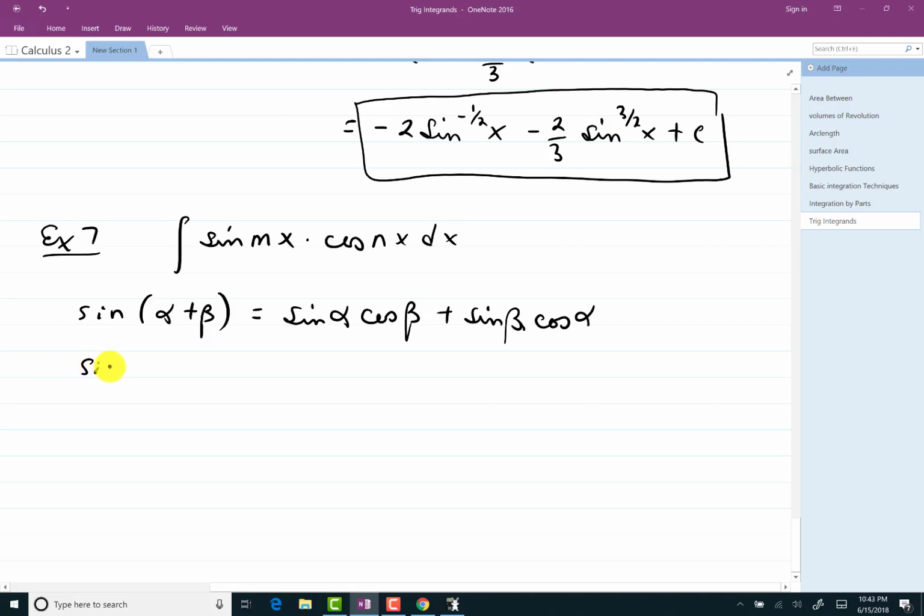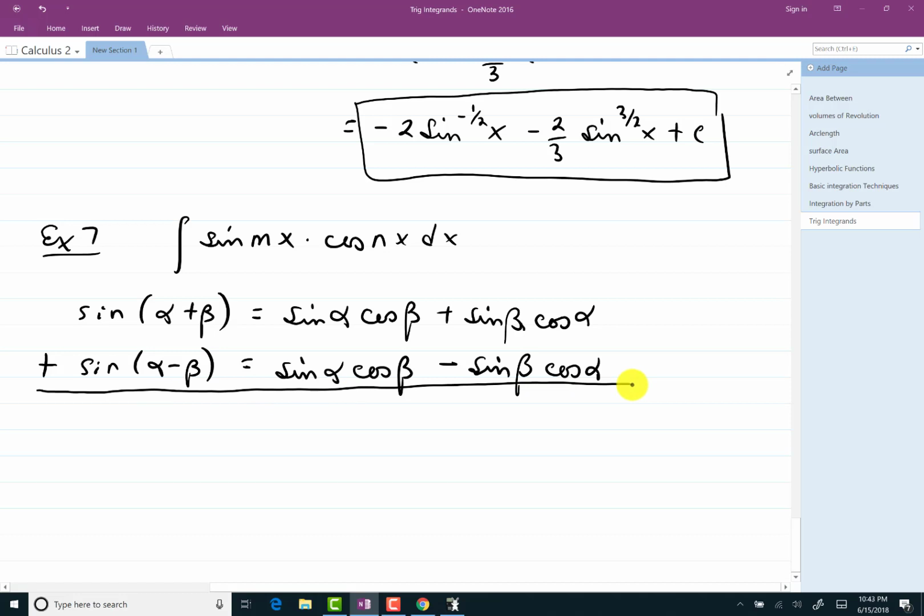And then sine of alpha minus beta equals sine of alpha cosine of beta minus sine of beta cosine of alpha. And now what I'm going to do is add these two equations together. And I get sine of alpha plus beta plus sine alpha minus beta equals, notice what happens here.